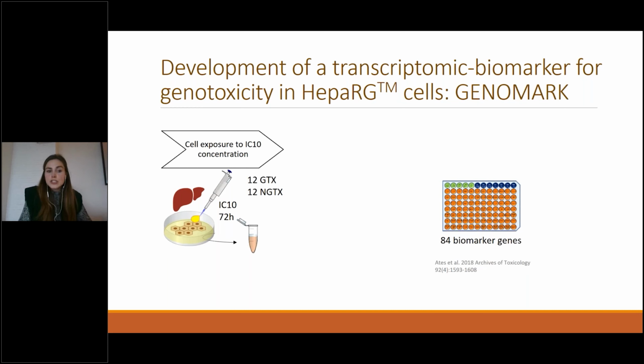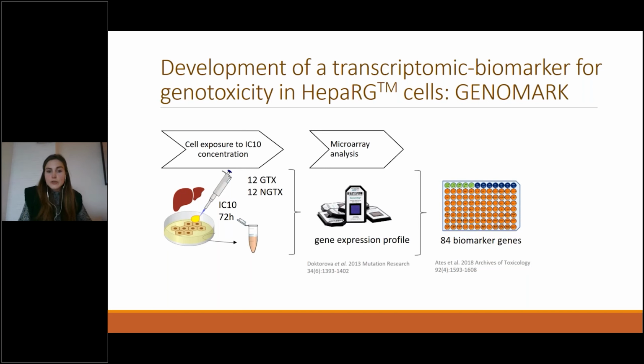The human HepaRG cells were exposed for a duration of 72 hours to the low cytotoxic concentration, the IC10, of the 24 reference chemicals. Afterwards, the microarrays were performed, and the transcriptomic data obtained demonstrated a gene signature, or a fingerprint, that could be used for future predictions.